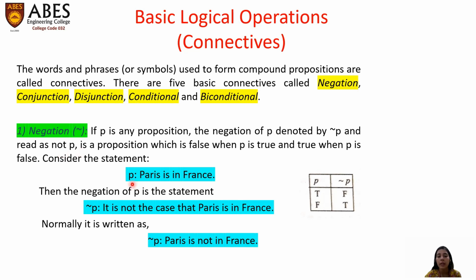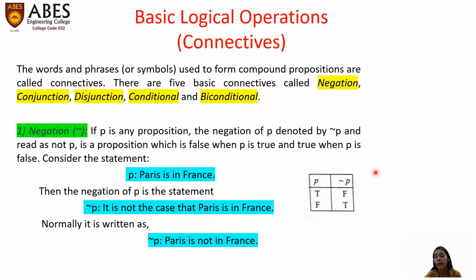For example, if p denotes the statement that Paris is in France, the negation is tilde p, and the statement will be: it is not the case that Paris is in France, or Paris is not in France, which is the negation of the given statement.